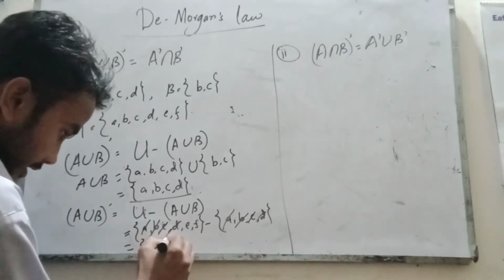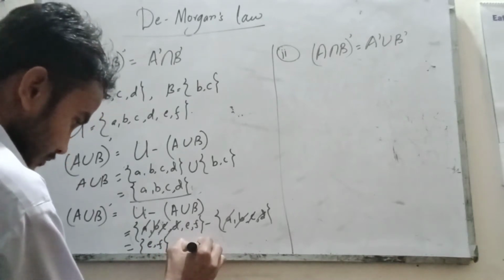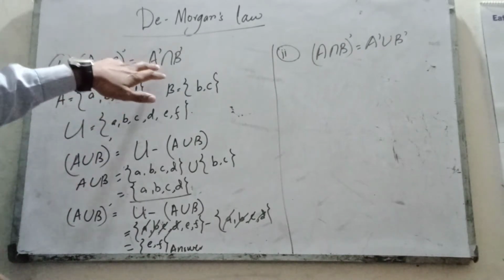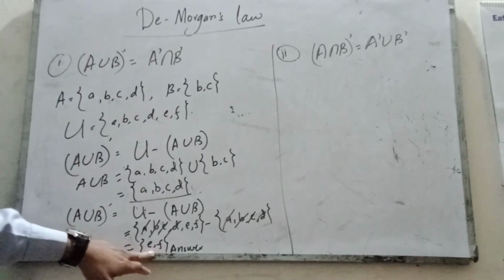So remaining are E and F. This is the answer. Now you can do the complements and their intersection, and you will find this answer.